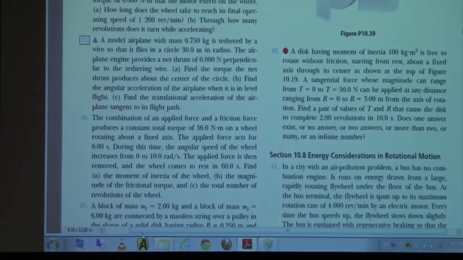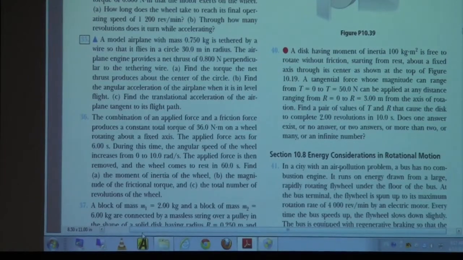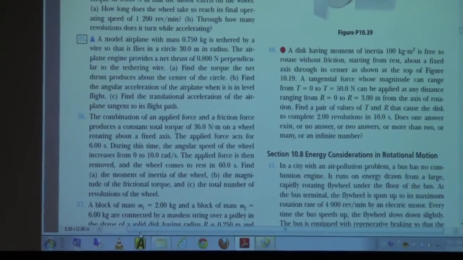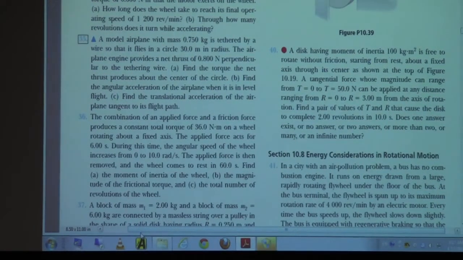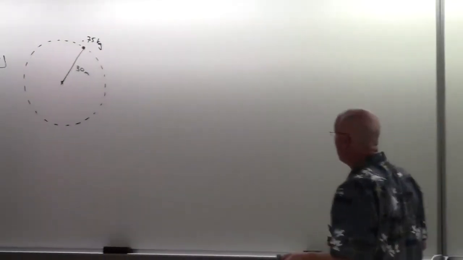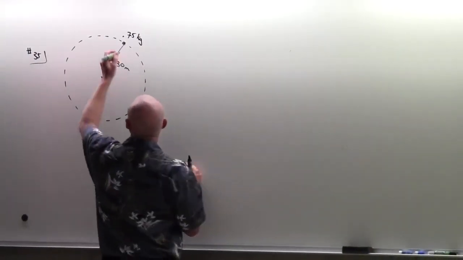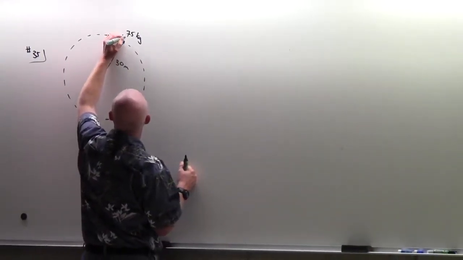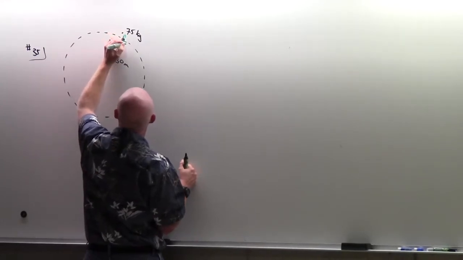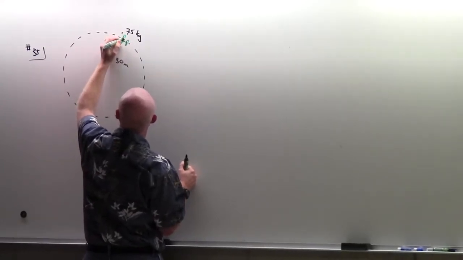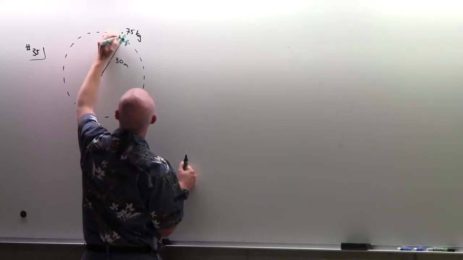The airplane engine then provides a net thrust of 0.8 newtons perpendicular to the tethered wire. So for the free body diagram, what they're saying is there is this thrust, and they don't say which way the airplane is going.